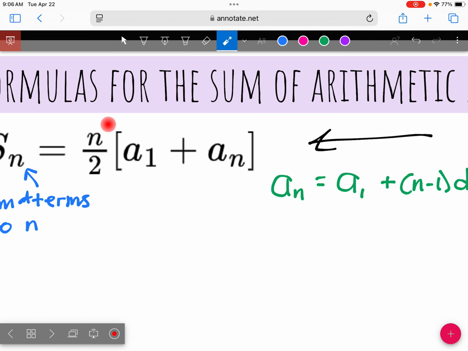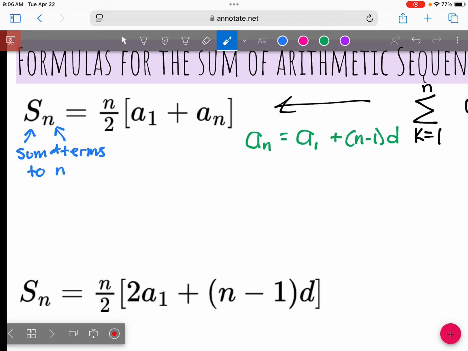Taking n over 2, we take our first term and our last term, add them together, and multiply by n over 2. It'll give us our sum. We're going to look at this in just a second, seeing that this does in fact work.